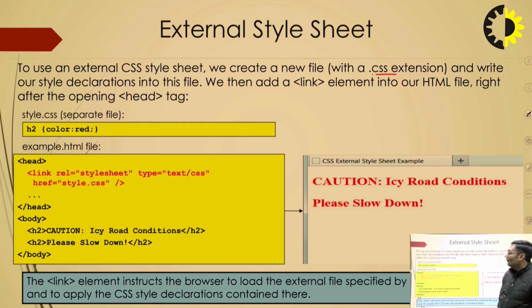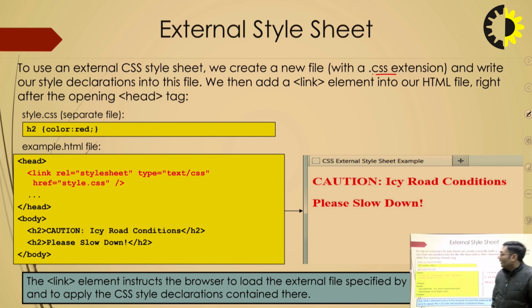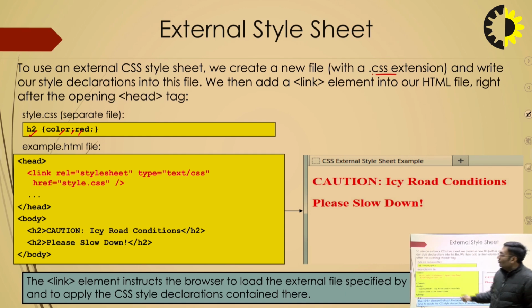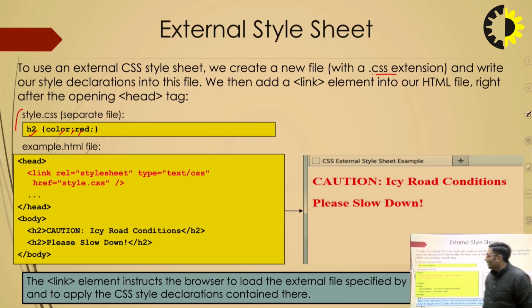So if we make style.css, that is the external file, and we write some rule here like this: selector, property, colon, then value, and we want to apply this CSS rule inside the HTML file, and the file name is example.html, then we will link this file with this HTML file.